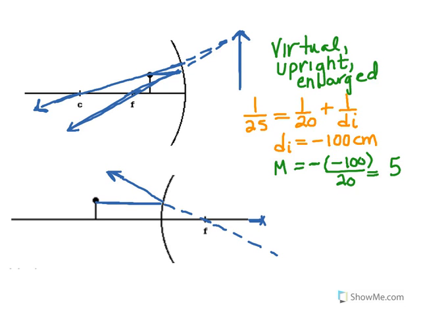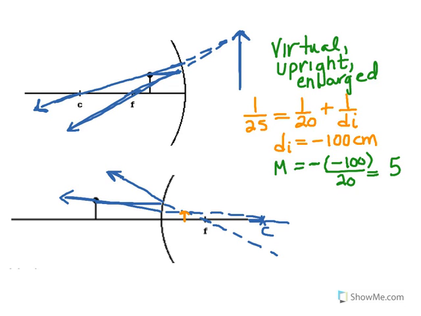I also am going to need the center of curvature, because at the center of curvature, the angle of incidence is going to be 0. That means the angle of reflection is going to be 0. All right, here we go. So I'm going to go from the top there. Now, as soon as I go inside the mirror, this should be my center of curvature. As soon as I go inside the mirror, that's going to make it a virtual image. So the rays would actually cross in here like so.